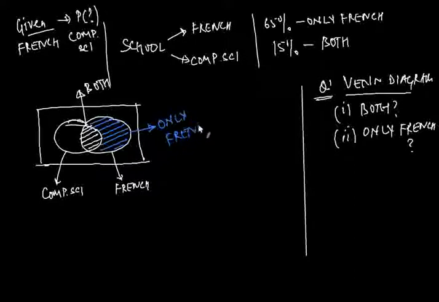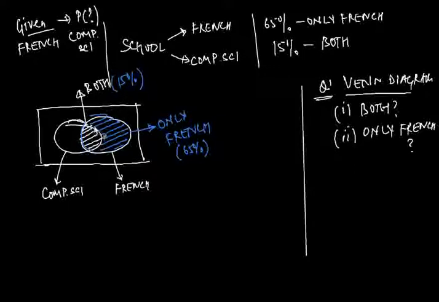This whole circle is all the students who study French, but there are some who also study computer science, and we are not counting them. We're just counting the ones who study only French, and this we are told is 65%, and the ones who study both is 15%.